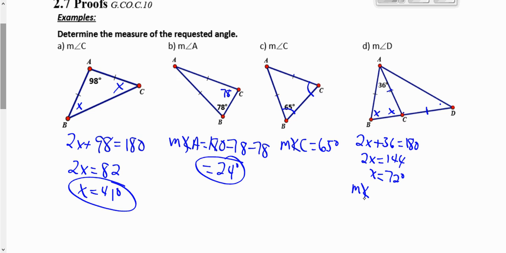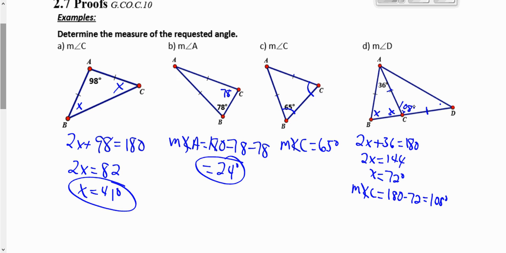What are these two angles add up to? 180 minus 72, which is what? 108. Couldn't you just add 36 and 72? You could, yeah. And that's the exterior angle theorem that we're going to learn later, by the way. You just hit on a theorem we're going to learn later, and you worked out the proof for that theorem very quickly.